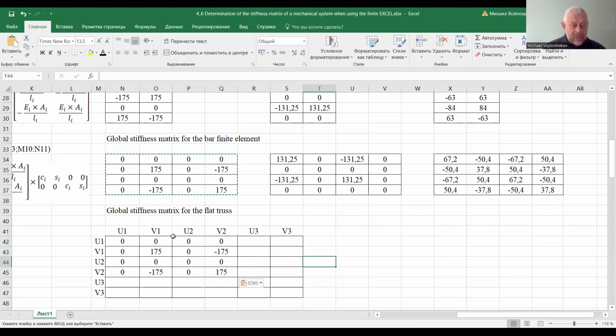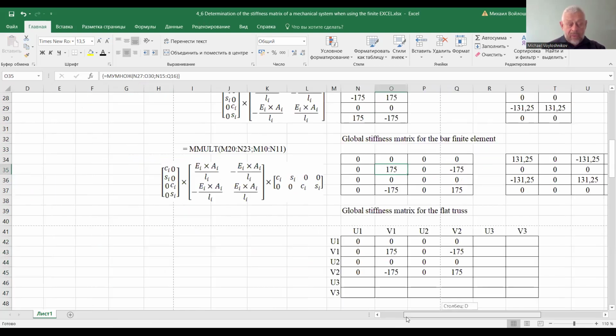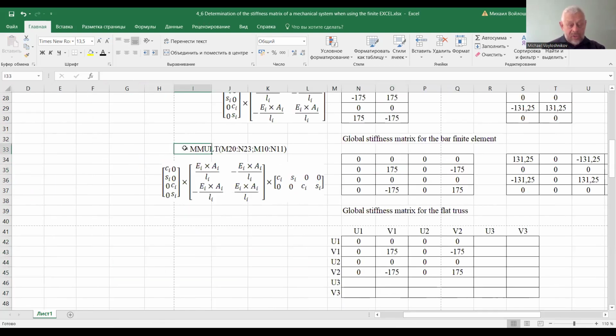So you inserted only the magnitudes, not the formulas, because the cells are a result of the product by the function of the multiplication of matrices. We do not copy the formulas to the global stiffness matrix, only the magnitudes.